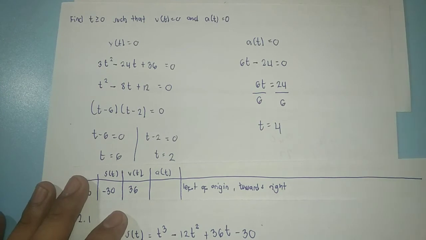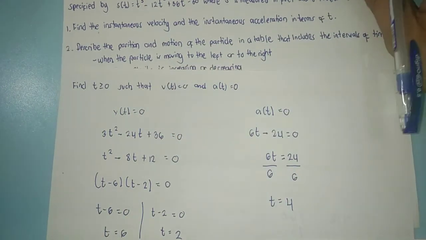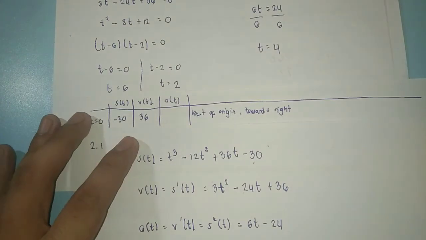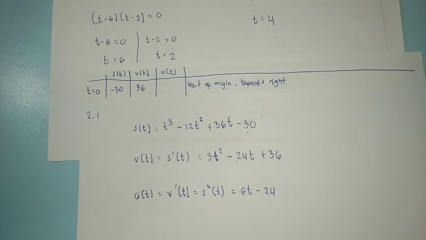So, next. This is what we are asked to do when the particle is moving to the left or to the right. Next, for the acceleration, we substitute 0.